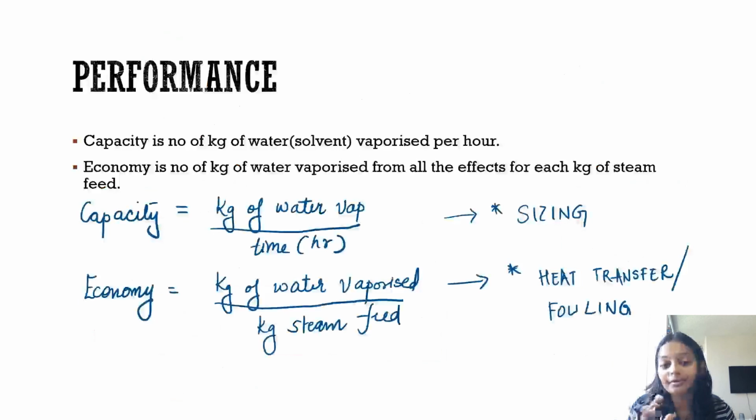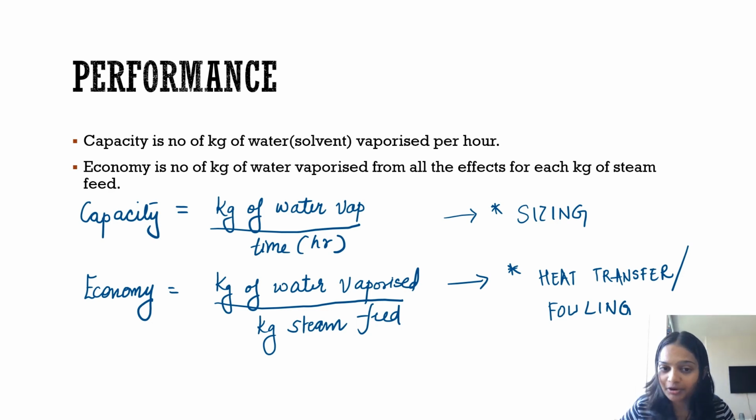Now, going to the next topic, we learn how the evaporator performs. What are the measuring performance parameters? We have two performance parameters. The first is capacity and the second is economy. How do we define capacity? Capacity is defined as kg of water vaporized per hour.